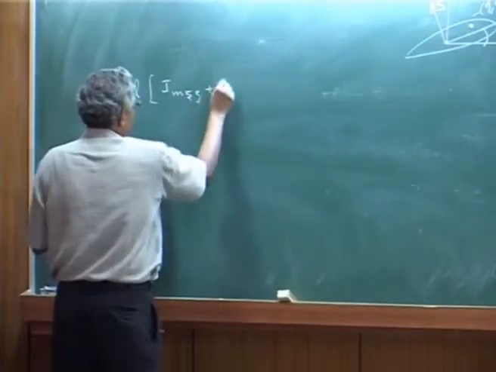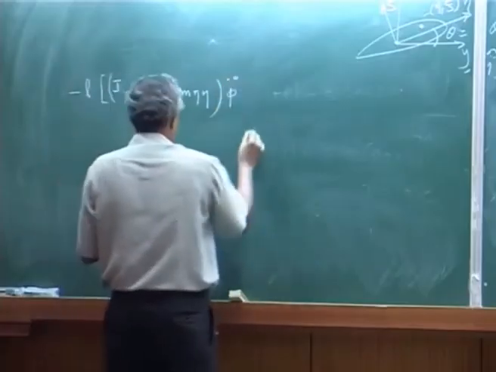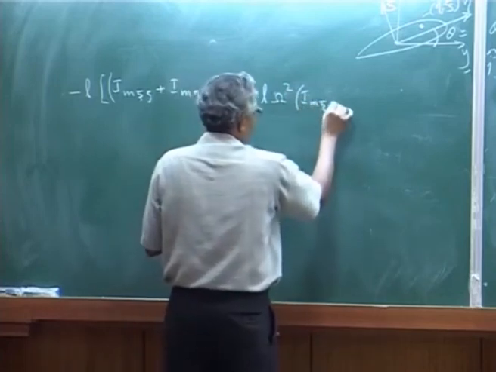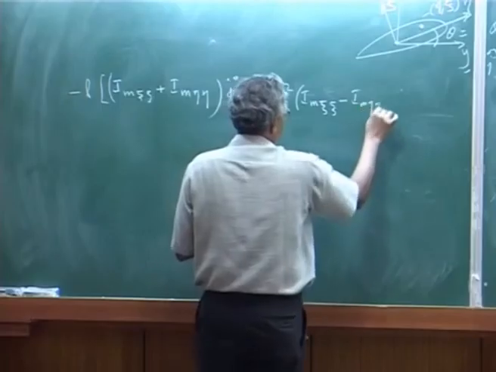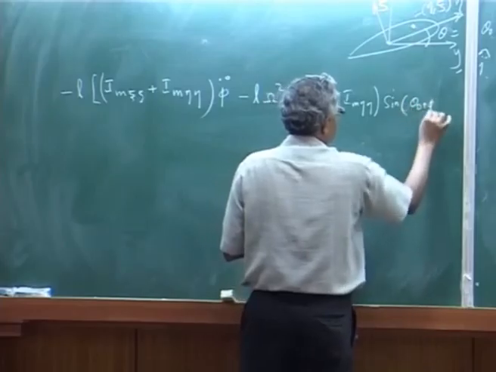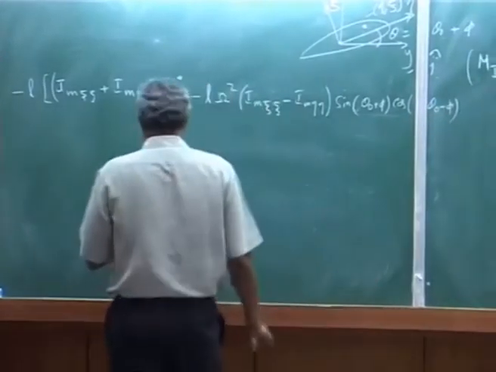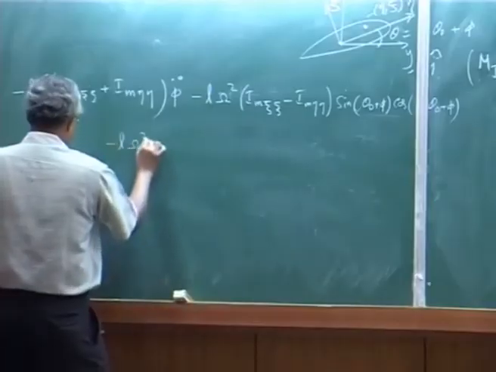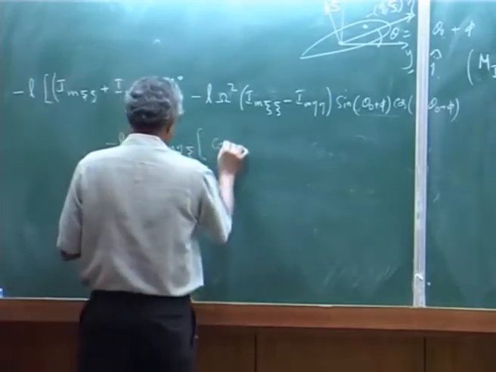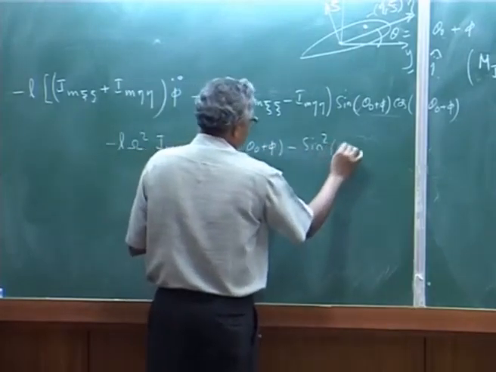I m psi psi plus I m eta eta, phi double dot, minus L omega square (I m psi psi minus I m eta eta) sin(theta naught plus phi) cosine(theta naught plus phi), minus L omega square same I m eta psi (cosine square(theta naught plus phi) minus sin square(theta naught plus phi)).